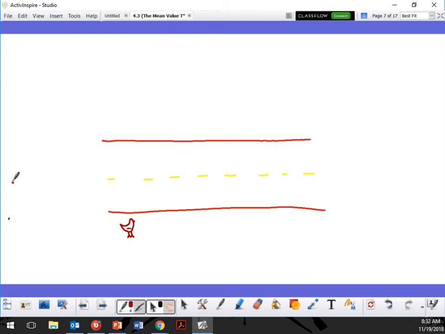Okay, so now, mean value theorem. The mean value theorem is the chicken crossing the road. I start, my chicken's right here.